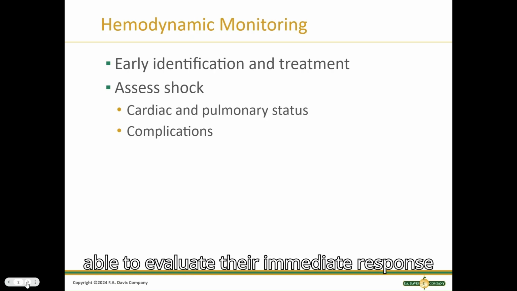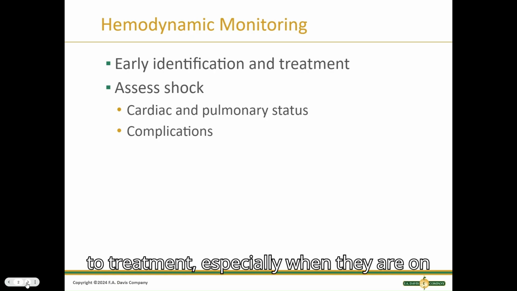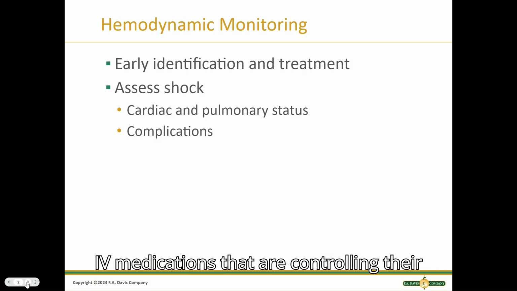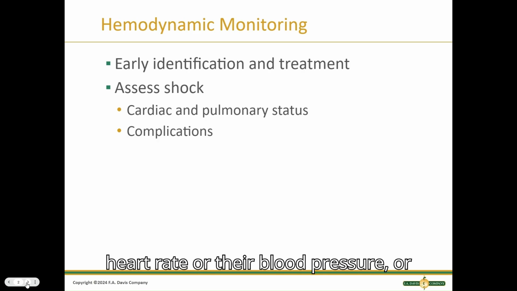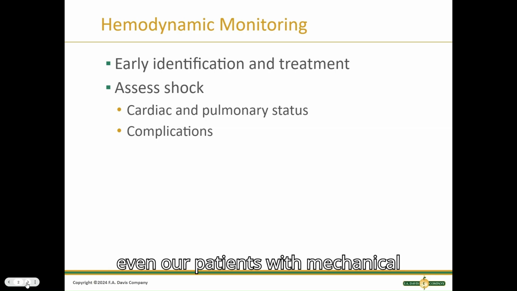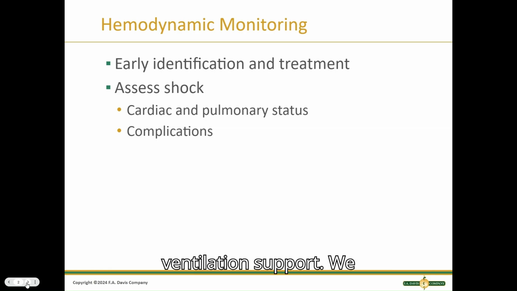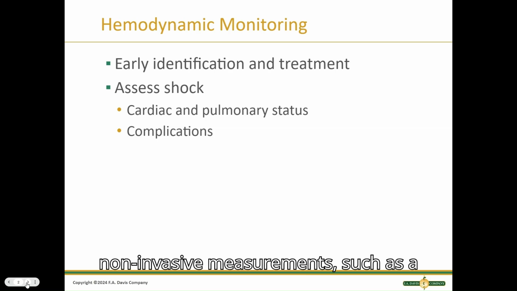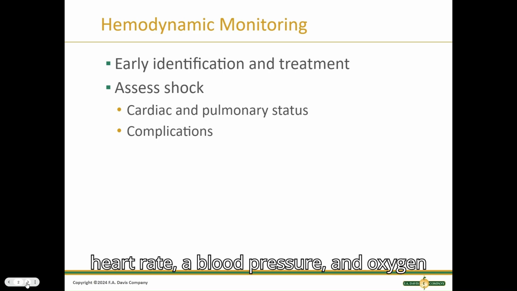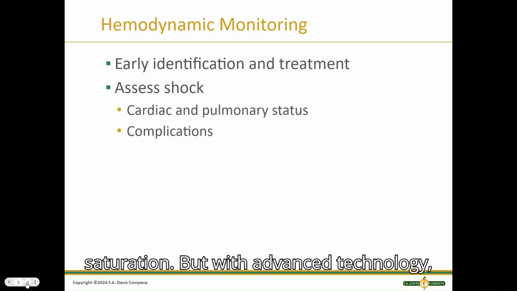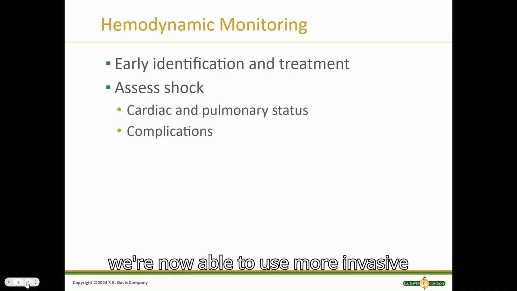So with our critically ill patient, we want to be able to evaluate their immediate response to treatment, especially when they are on IV medications that are controlling their heart rate or their blood pressure, or even our patients with mechanical ventilation support. We will usually also have them on non-invasive measurements such as a heart rate, a blood pressure, an oxygen saturation.